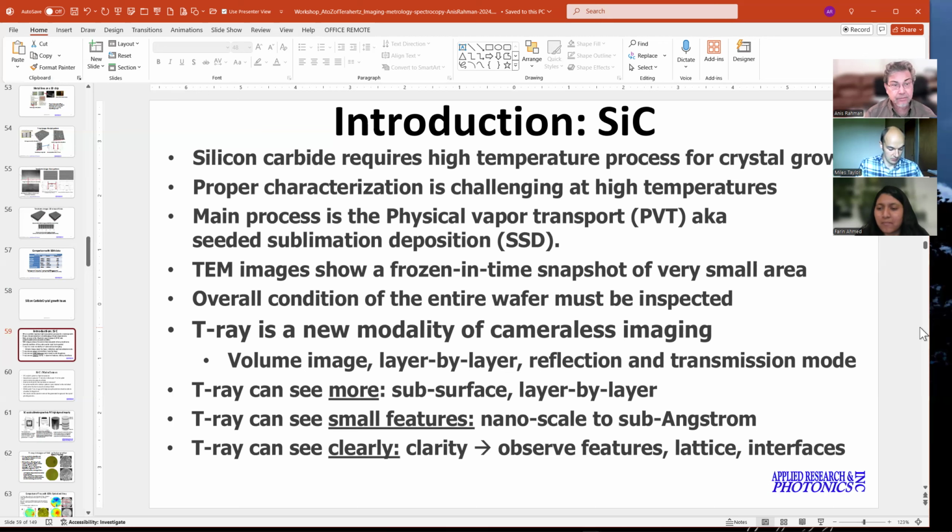Why is it important? Because 99.9% of all electronics is based on silicon, not silicon carbide or gallium nitride or anything else. But silicon has a tendency toward lower operating voltage and temperature, stable at room temperature.